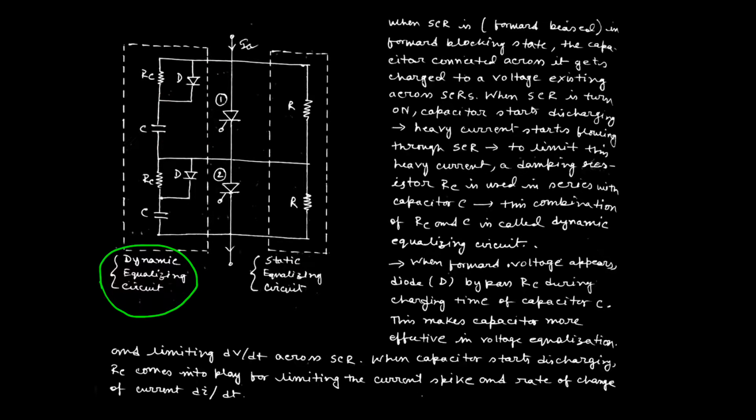Previously, I discussed the static equalizing circuit that can deliver the same amount of voltage during steady state operation. That means during turn on and during steady state, the voltage will be equally distributed by using these two circuits, the static equalizing circuit as well as the dynamic equalizing circuit. Okay, now I am talking about the turn-on process.